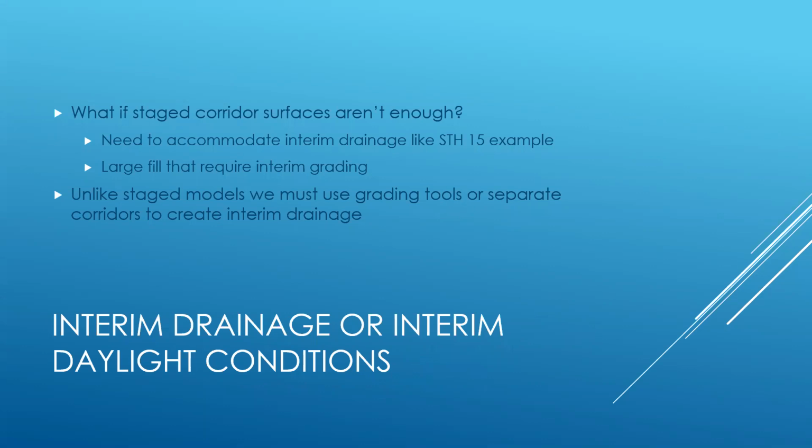You need to accommodate something like interim drainage, like the Highway 15 example, or let's say the profile is changing significantly enough that we're going to have a large fill area that we need to represent in the interim condition, because that's a lot of grading, that's a lot of earthwork. So unlike stage models, we're going to have to either use grading tools or a separate corridor to create the interim drainage. So let's look at that right now.